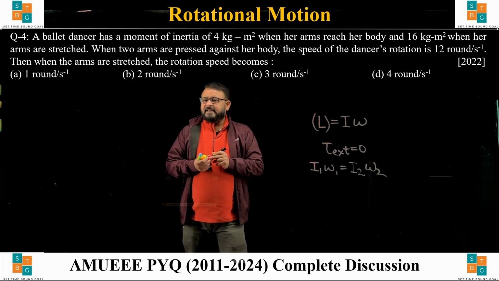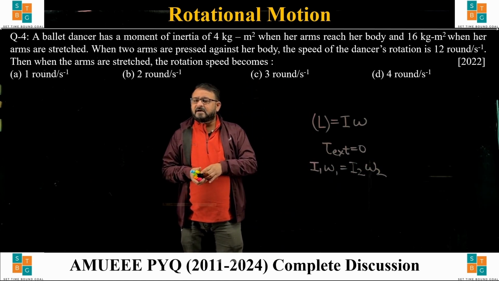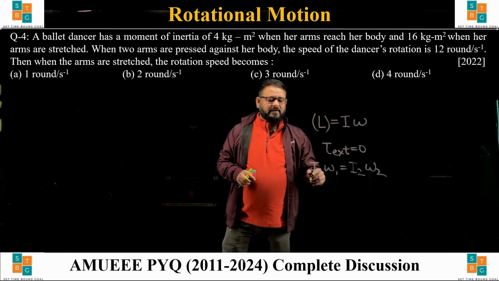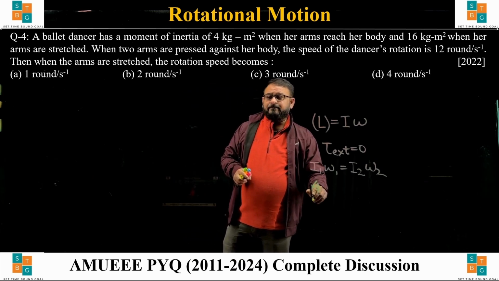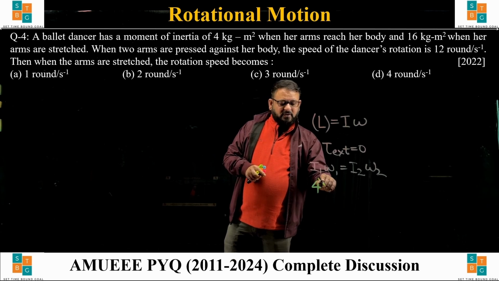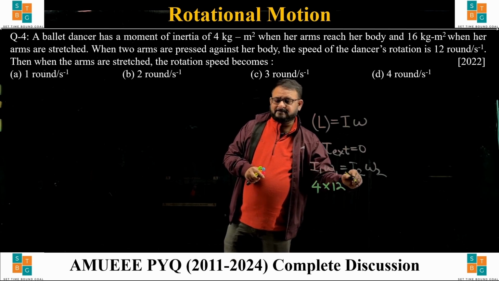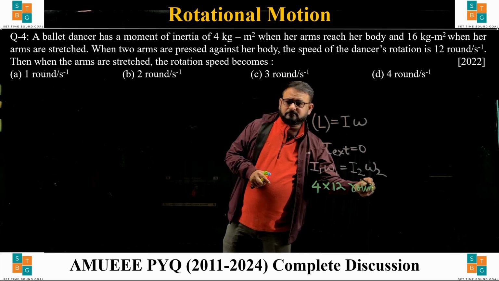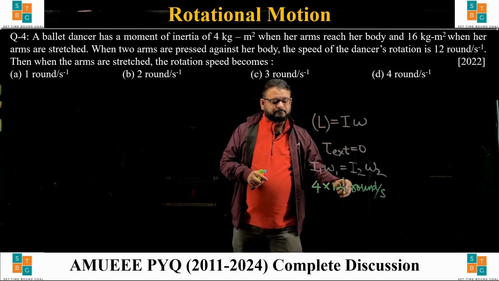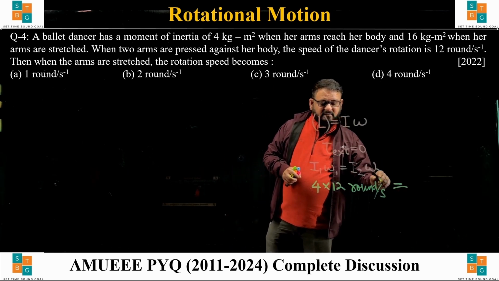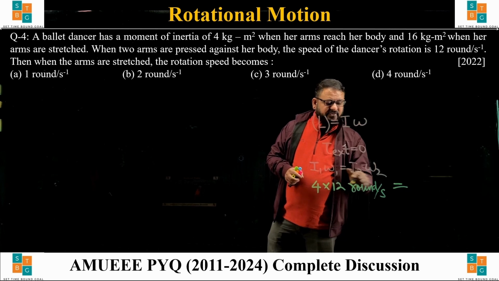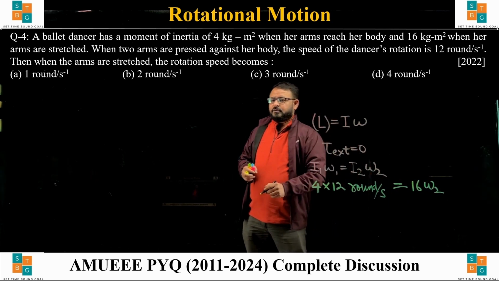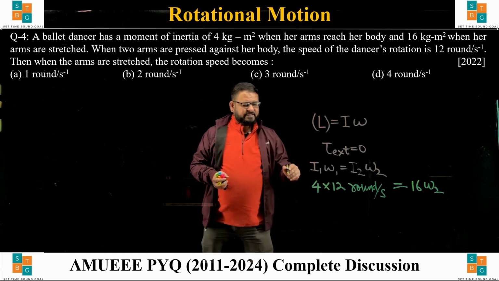They have said when her arms are pressed against her body, that means we have to take the lower one. I1 is 4. They have given omega 1 as 12 rounds per second. And in the SI unit, here it is 16, and they have asked omega 2. So this question is really easy.